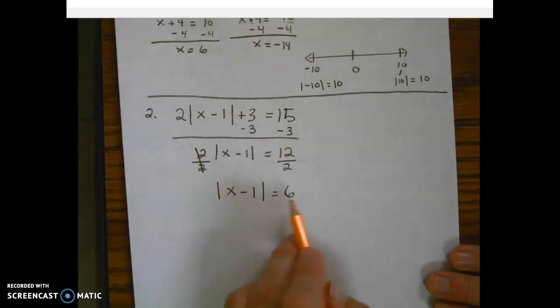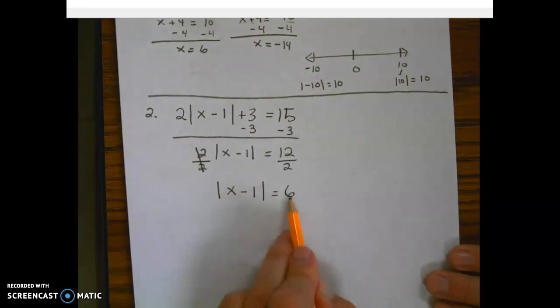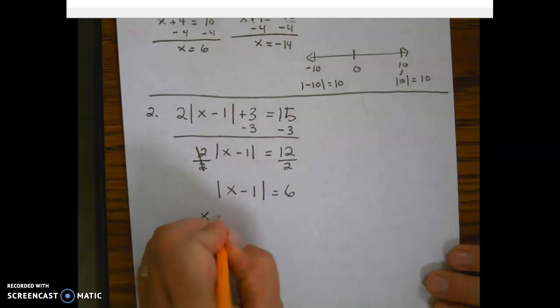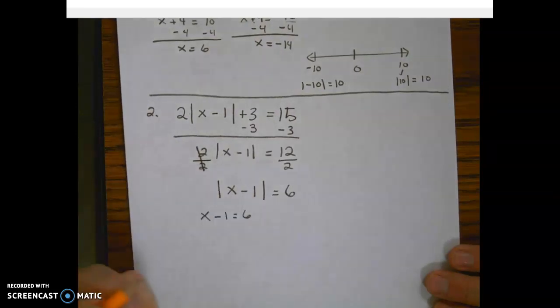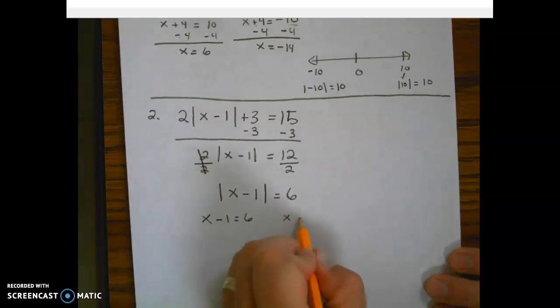Now remember, there's two options for getting a positive 6. Can you tell me what they are? Good. That's right. This could be positive 6. That's one equation. Or this expression in here could be negative 6.